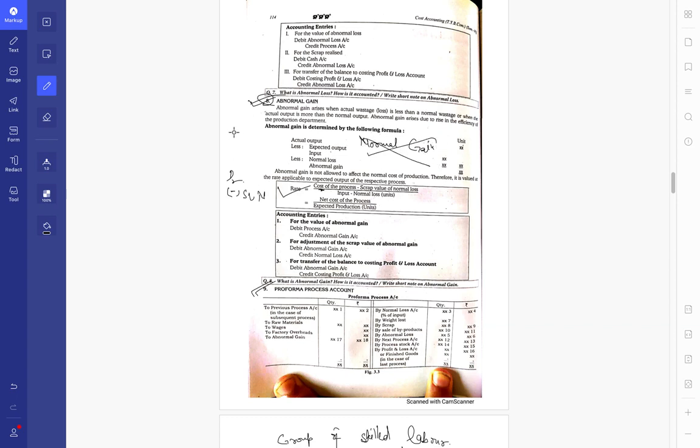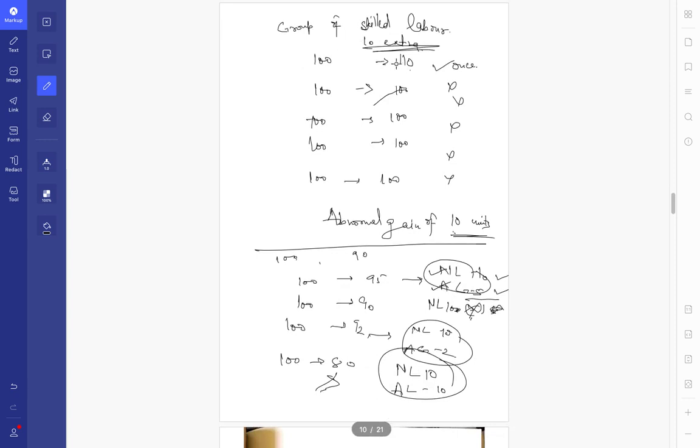Reason being, if you are seeing a continuous gain of 110 units, that becomes your normal production, wherein you put 100 units, get output of 110 units. If you're following the same pattern for a long time, it would become your normal production pattern.